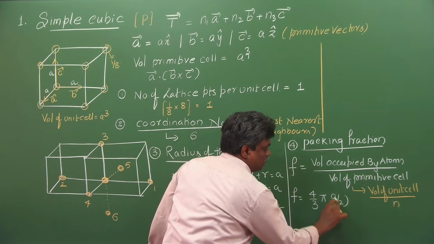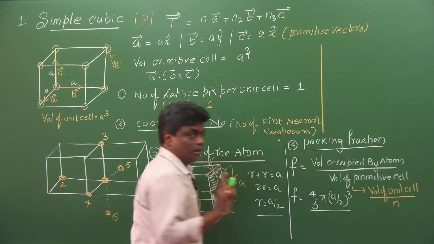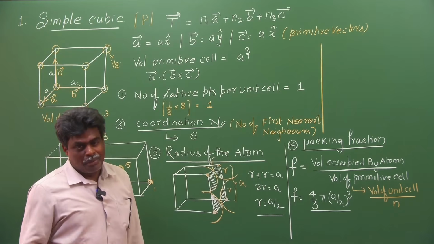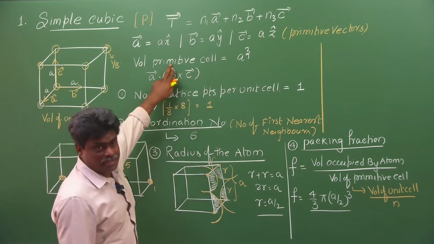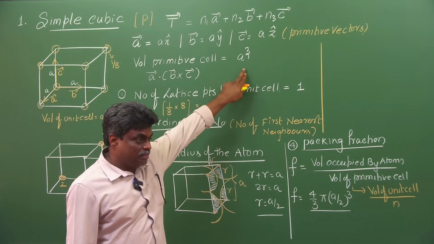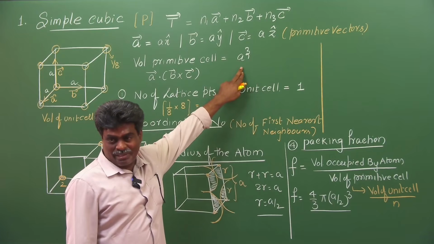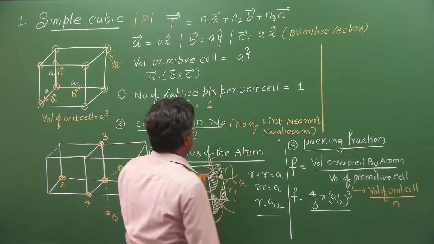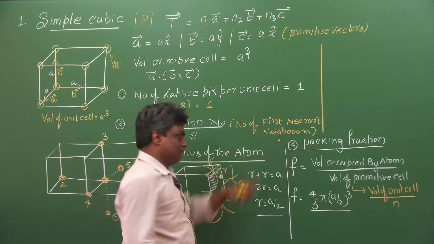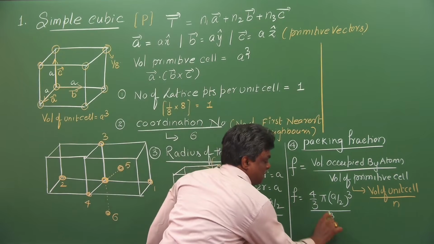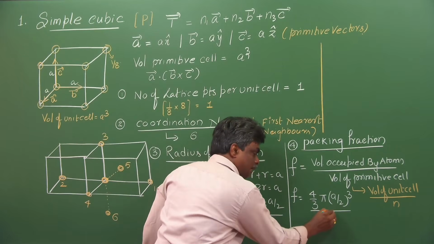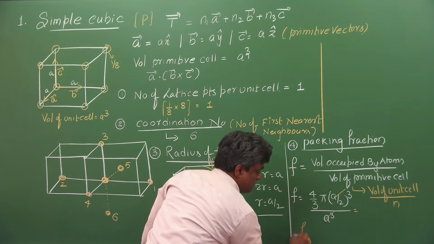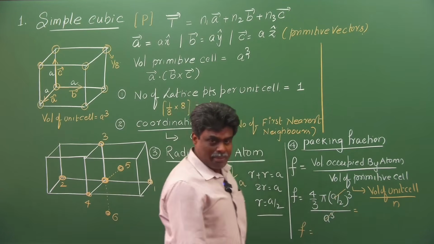A by 2 whole cube by, now you please tell me, you want to take volume of primitive cell or unit cell? My advice, take primitive cell, because for every system we will find the volume of primitive cell. Here what is the volume of primitive cell? Of course unit cell is also same, because the number of lattice points is 1. Still not understanding? Don't get tension. A cube gets cancelled and simplify and tell me what is the packing fraction. Pi by 6.